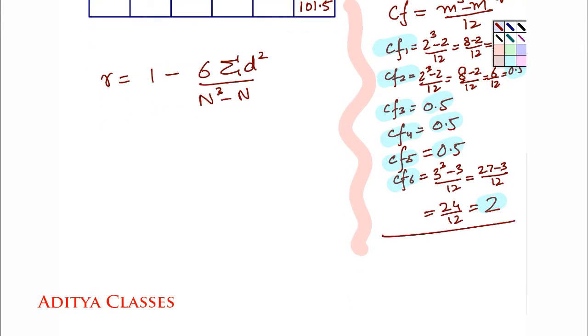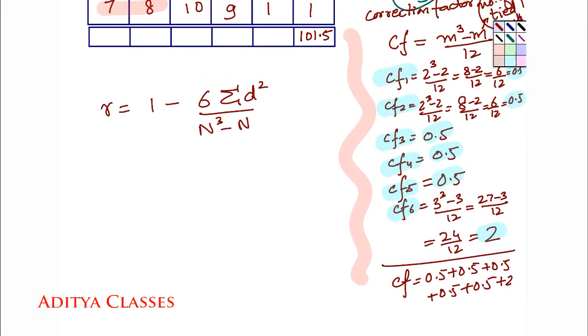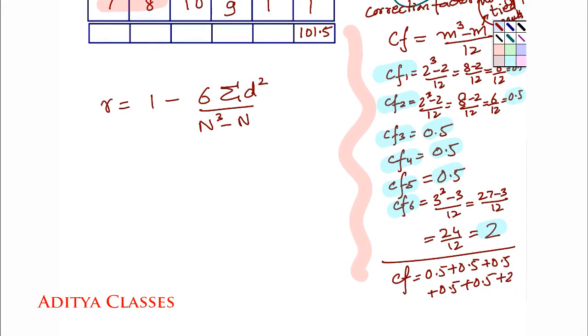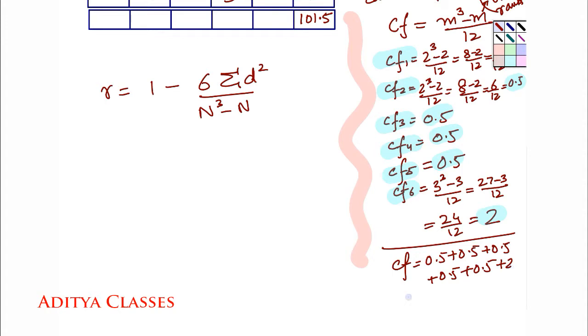So the total correction factor becomes 0.5 plus 0.5 plus 0.5 plus 0.5 plus 0.5 plus 2. We had 5 0.5s and then a 2. So in all it becomes 4.5. So this is my correction factor.